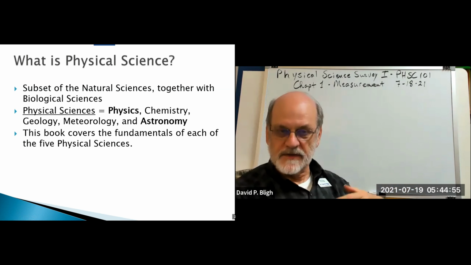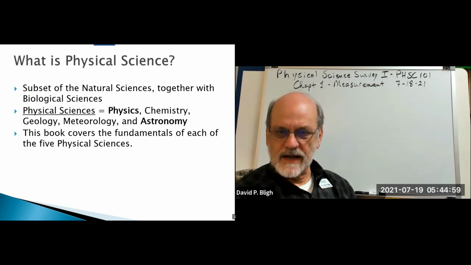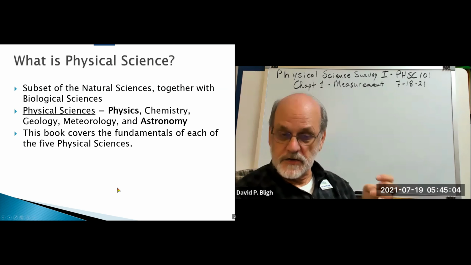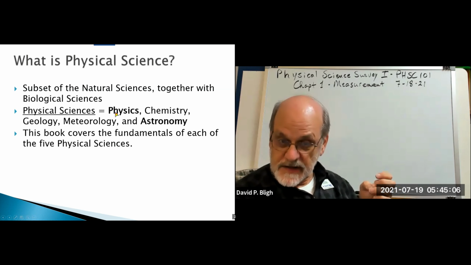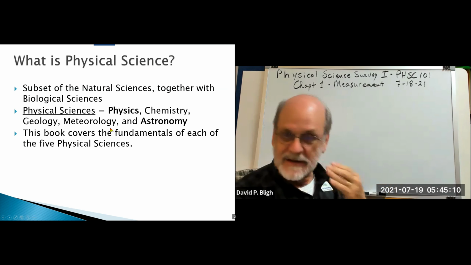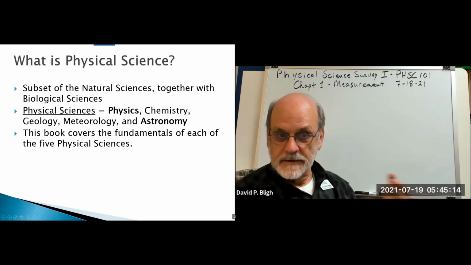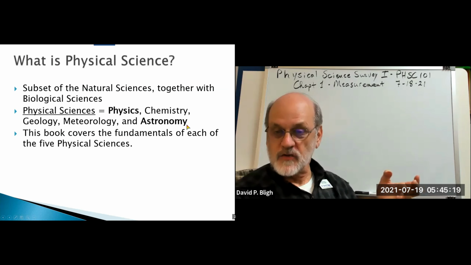In other words, the sciences that study living systems. The physical sciences are agreed upon to encompass physics, chemistry, geology, in other words, studying the earth, meteorology or weather, and astronomy, that is everything outside the earth.